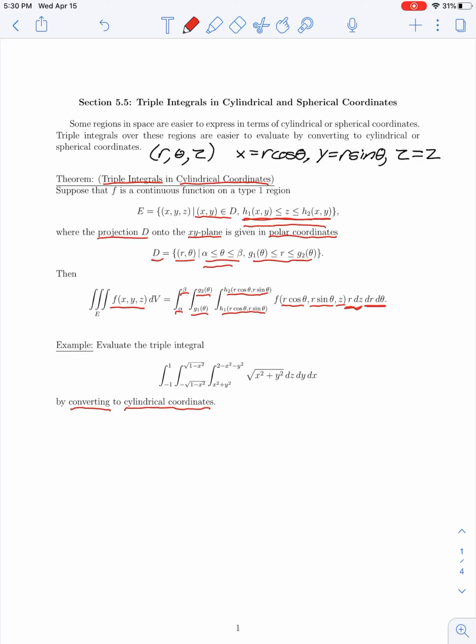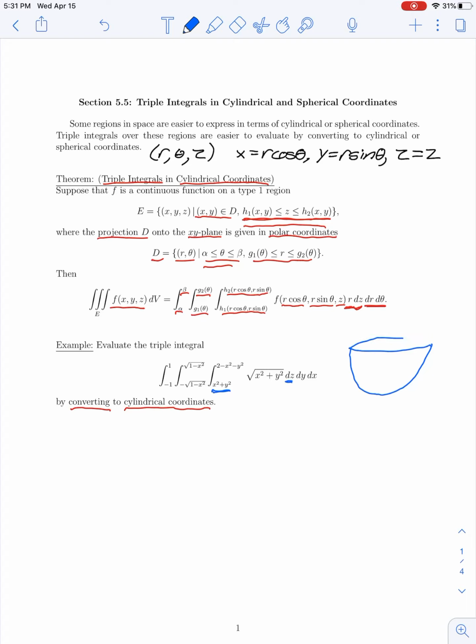But let's see if we can visualize the region that this iterated integral is describing and see if we could more easily describe it in terms of cylindrical coordinates. Let's start by looking at our inner integral. The inner one with respect to z has a lower bound of x squared plus y squared. That is the circular paraboloid opening upward from the xy plane.